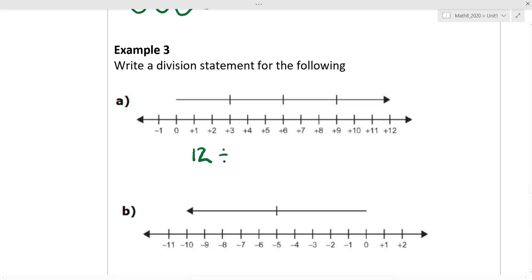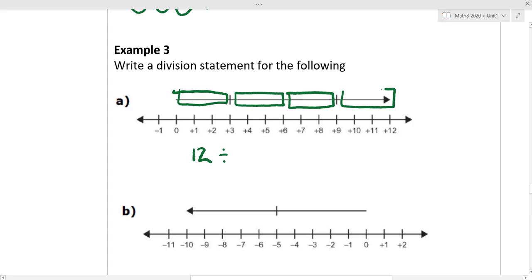So we're dividing by how much? How many sections do we see here? 4. 1, 2, 3, 4. And how long is each section? 3, right? 1, 2, 3. All right, next one.